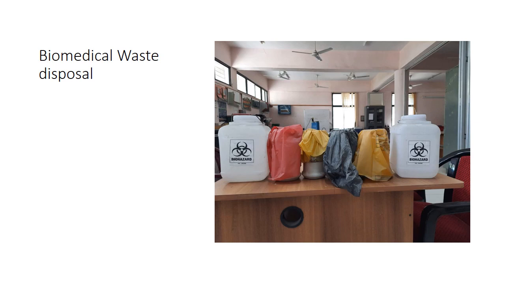You can see two white containers having symbol of biomedical waste disposal and different 3 to 4 colored containers or bags are used to segregate different kinds of biomedical waste. Usually red, yellow and blue bags are used.